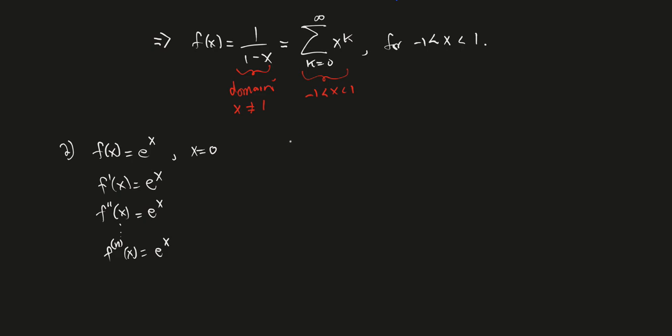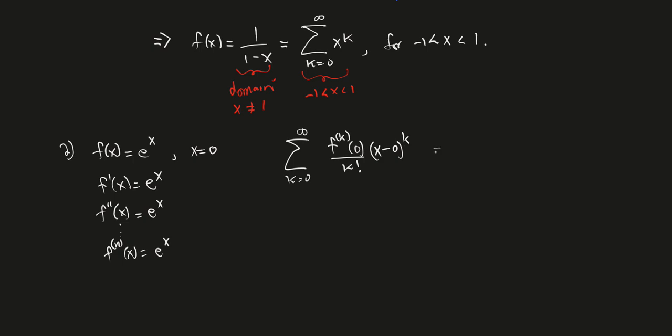So let's write down our formula again. k going from 0 but now to infinity for the full series. And it is the kth derivative evaluated at 0 divided by k factorial times x minus 0 to the kth power. But if all our derivatives are e to the x, then e to the x evaluated at 0 is just going to give us 1.